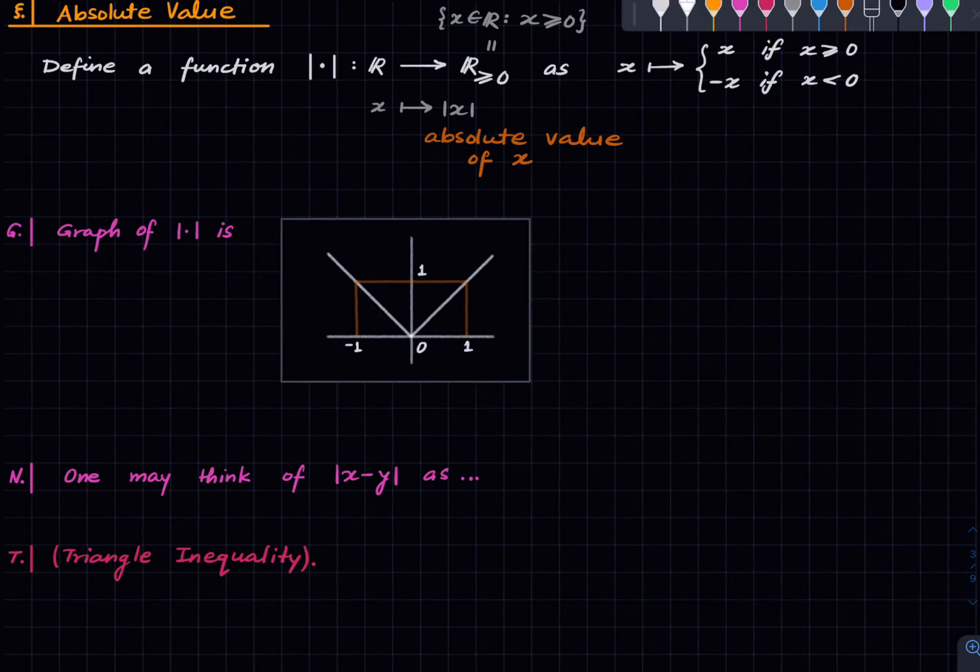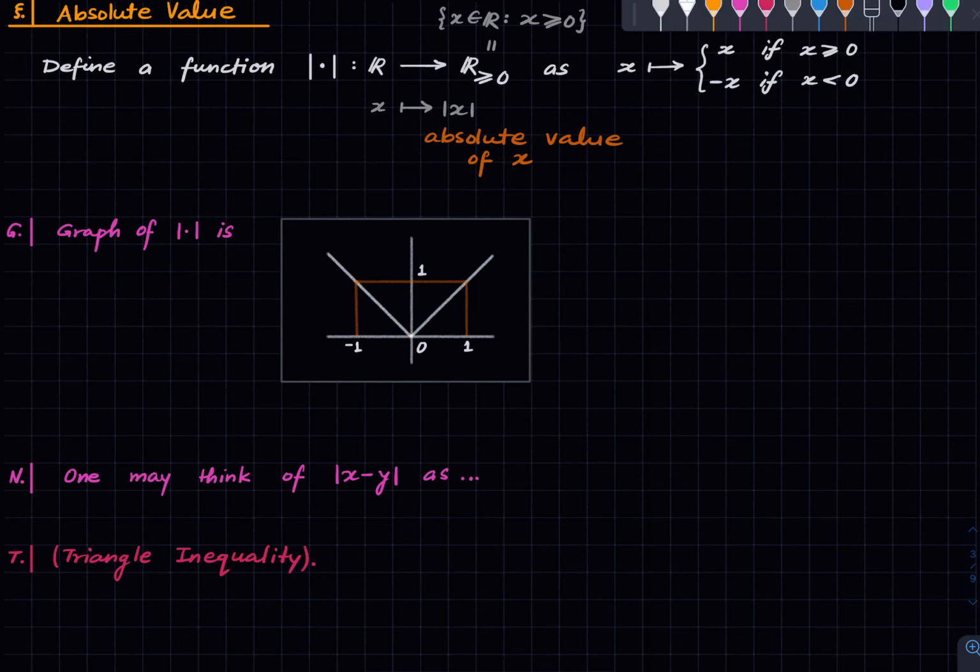This is the graph. This curve is the graph of the absolute value function. At 1, it takes the value 1. At minus 1 also, it takes the value 1. And it grows linearly in this half and linearly in that half. But there's a kink here.